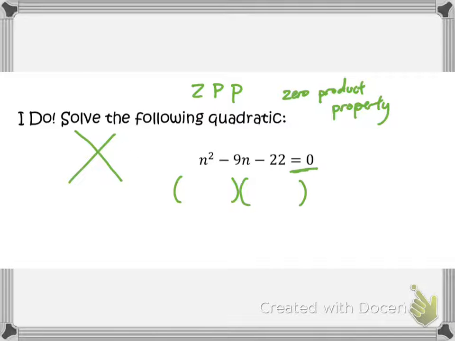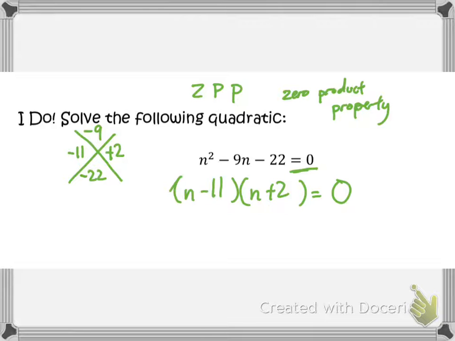So on top, we'll go -9, on the bottom, -22. So two numbers that multiply to -22 but add up to -9, I think that will be -11 and plus 2. So I have n minus 11, n plus 2, and have it equal to 0.